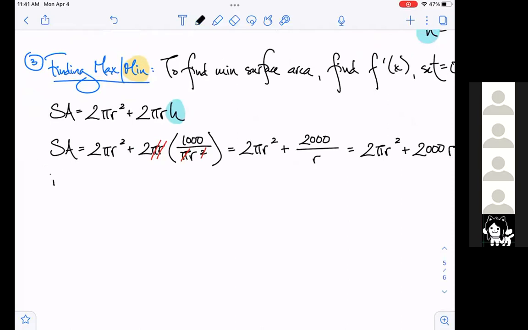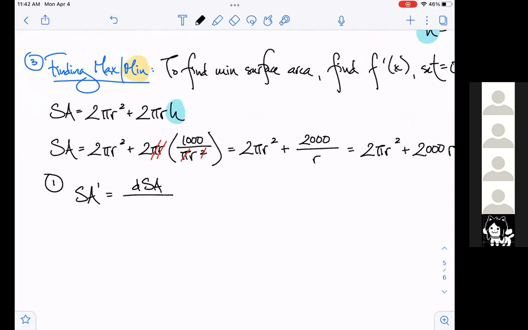So if I were to write the derivative, S prime, or SA, I could say surface area prime. That's one way to write it. How would I write this using this notation? Like, what would go on the bottom here? What am I trying to take a derivative with respect to?